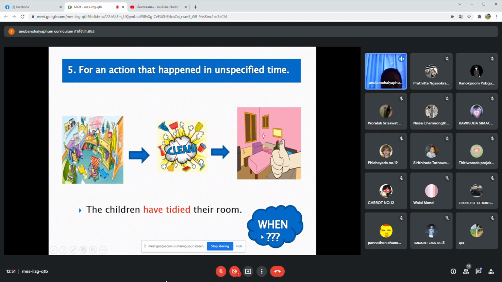You don't know when they tidied or cleaned their room, so you can use the present perfect tense in your sentence. You don't know when they tidied, but they cleaned it already. So that's the use of the present perfect tense. You can use it if you want to make a sentence without a specific time.